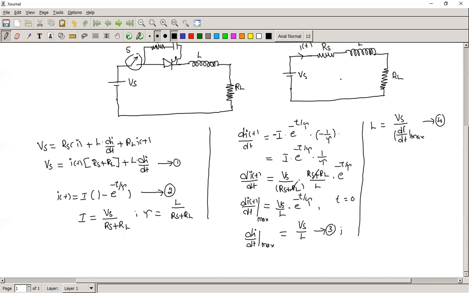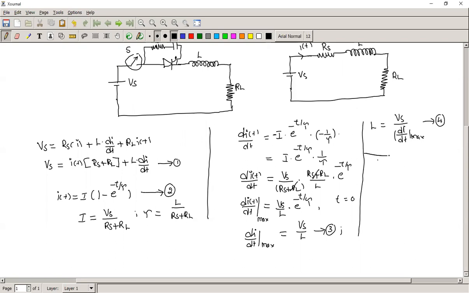So one more parameter: how are we going to design this resistance? We know that the voltage drop across the resistance RS is what we need to find, which represents the voltage across the SCR at the instant at which the switch is closed.